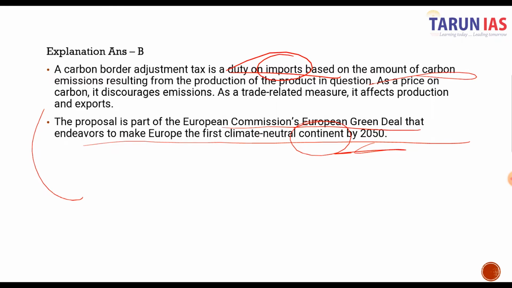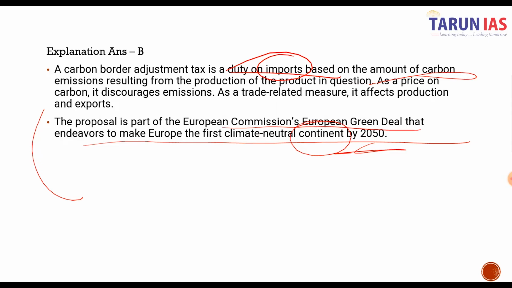So developing countries, the least developed countries, the low income countries, they have not achieved the level of industrialization as those developed countries, which are also called the OECD countries, have achieved. So you have emitted as much carbon as you wanted, and you have achieved the pace of development and industrialization in all these years.